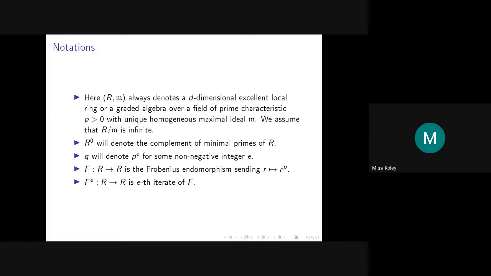The second notation is R° will always denote the complement of the minimal primes of R, and q denotes a power of p, the prime which is the characteristic of the ring, and F: R to R denotes the Frobenius endomorphism sending an element of R to its p-th power, and F^e denotes the e-th iterate of F.